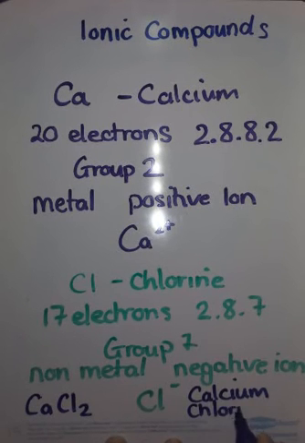It slightly changes its name when it's part of a compound. So we can tell the ratio of things in a compound just by looking at the formula, and that can sometimes help us to work out what the ions are as well.